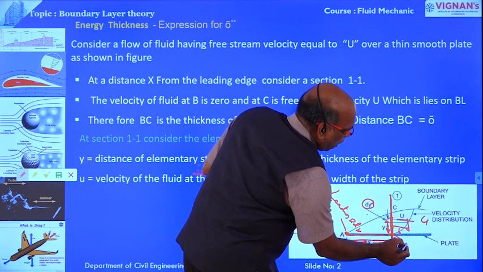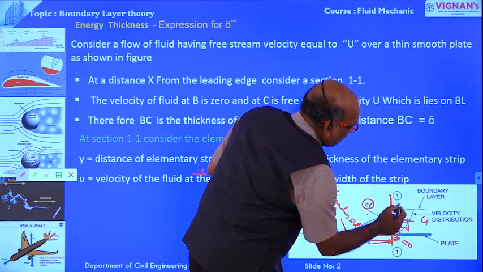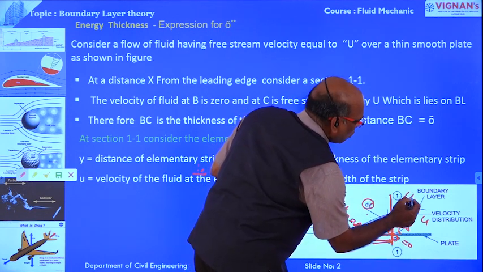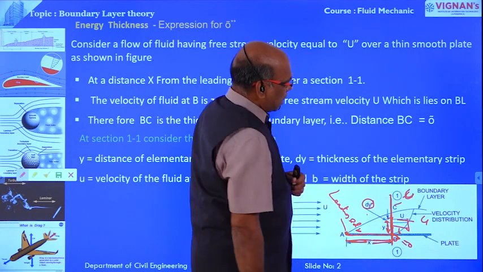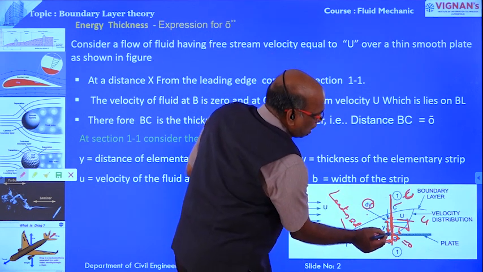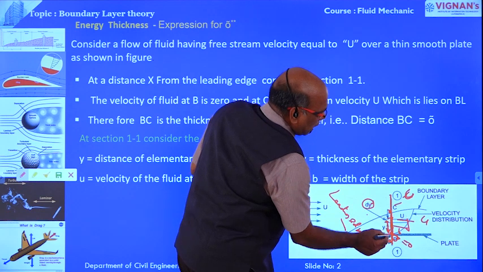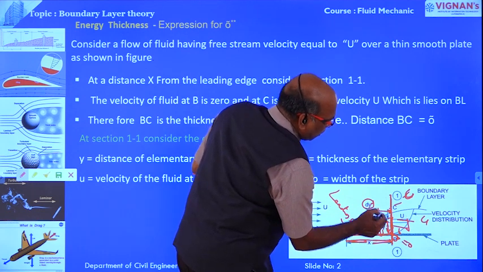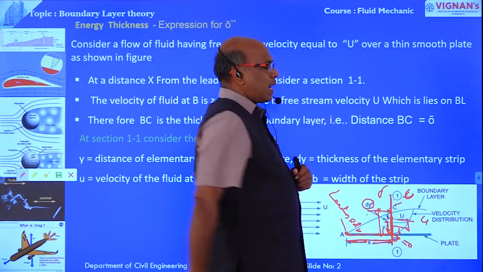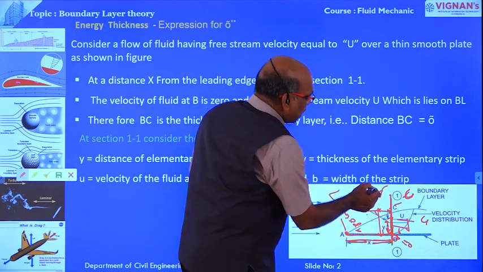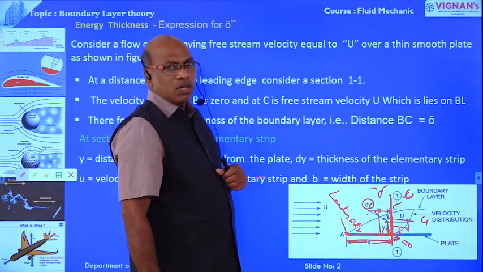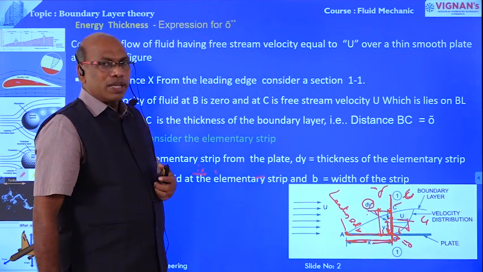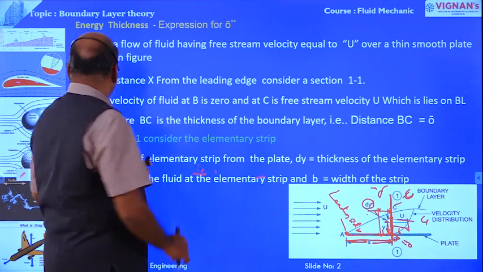The velocity at point B is equal to 0, the velocity at point C is equal to U, that is the free stream velocity. Therefore, the velocity varies from 0 to free stream velocity, that is from B to C. This depth B to C is known as delta, the boundary layer thickness.